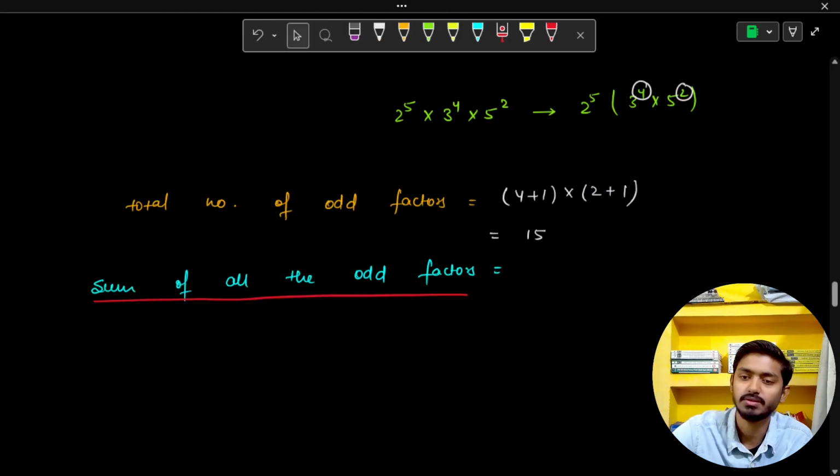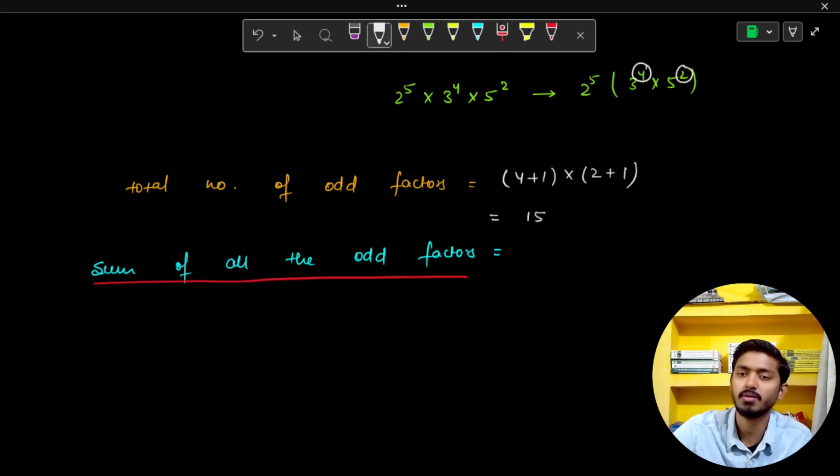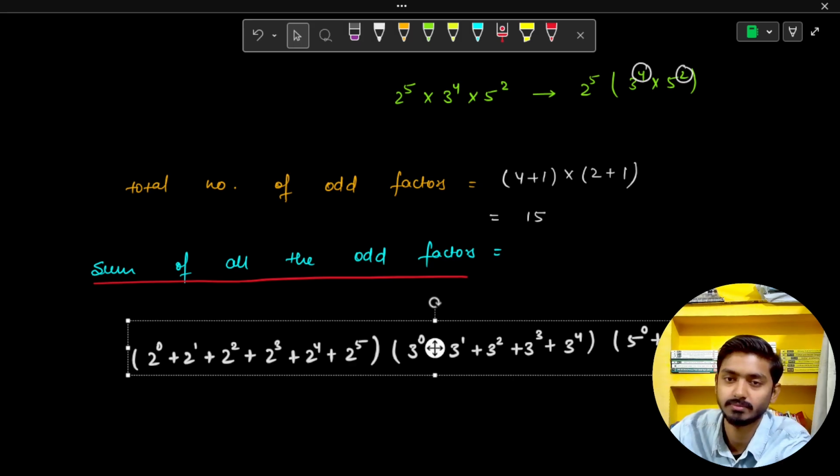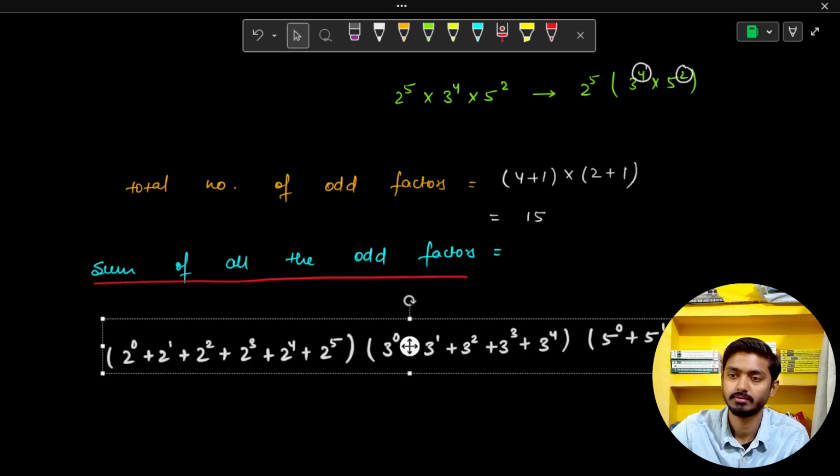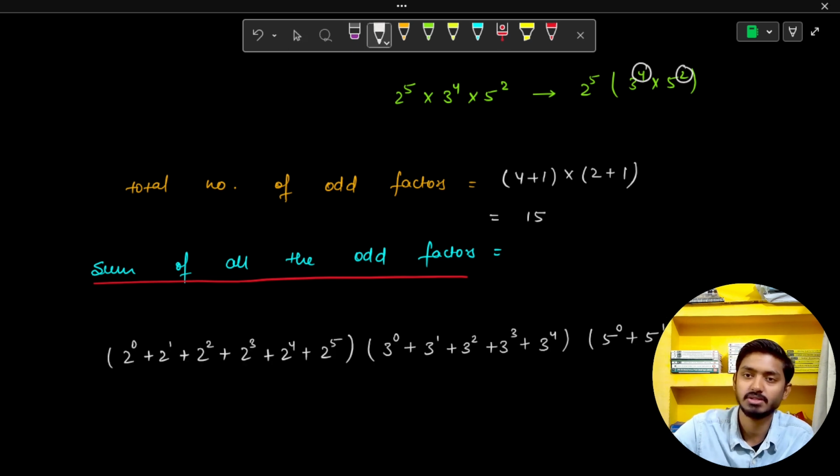What if they asked us the sum of all odd factors? We are still going to write the same stuff. Exactly the same stuff, no difference at all. But if you remember, when we were calculating the total number of odd factors, we removed all the factors of 2.